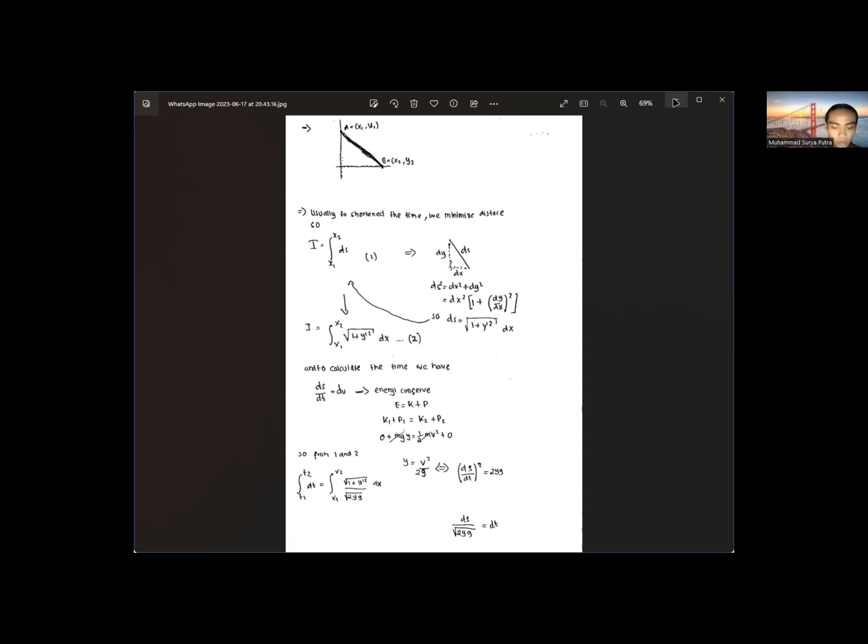The integral function equals Simpson's integral of f, a, b, and n.